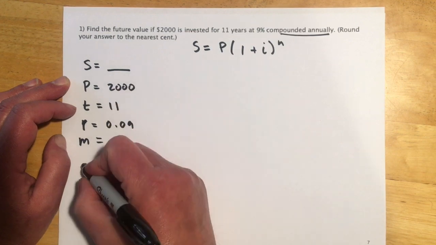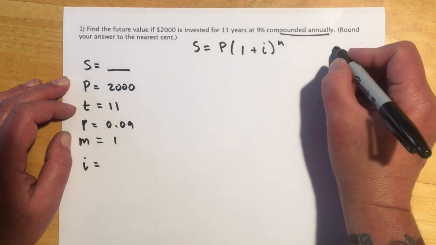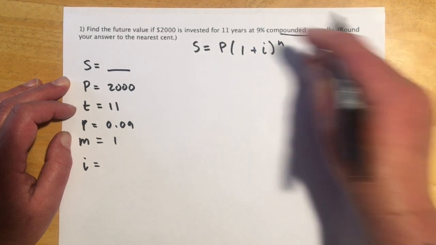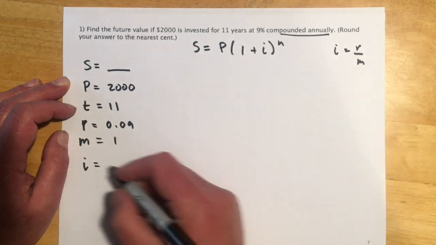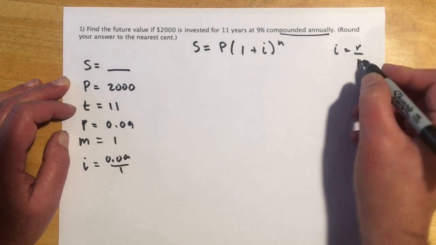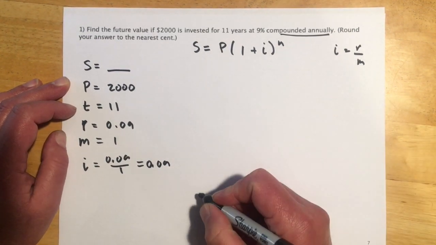If I set up for I, then remember that I equals rate divided by compounding periods. So that could also be right here in the formula. Then the rate is 0.09 over 1. Because it's annually, it's just going to be 0.09.